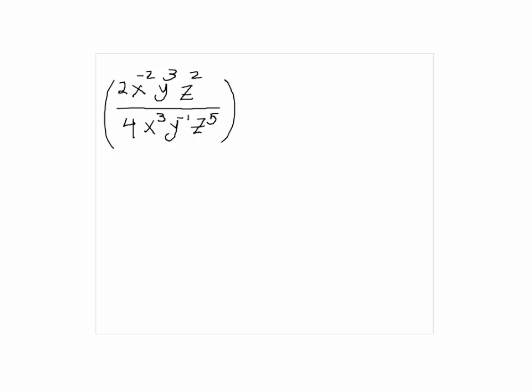So we have 2x to the power of negative 2, y to the power of negative, let's say 3, and z to the power of 2 over 4x to the power of 3, y to the power of negative 1, z to the power of 5. The whole thing is to the power of negative 2.